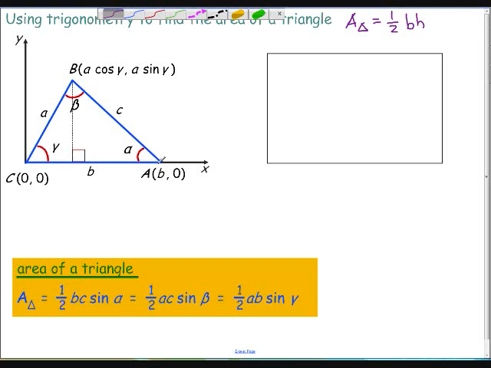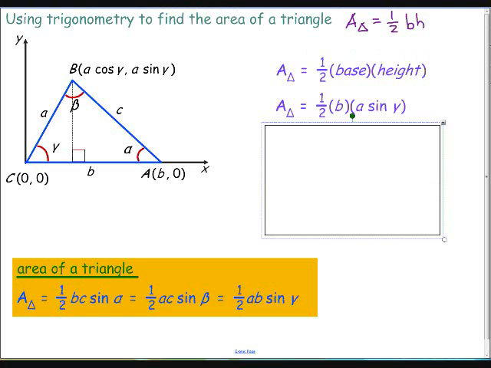So we're going to look at this triangle right here. Just this little right triangle. And focus in on that.